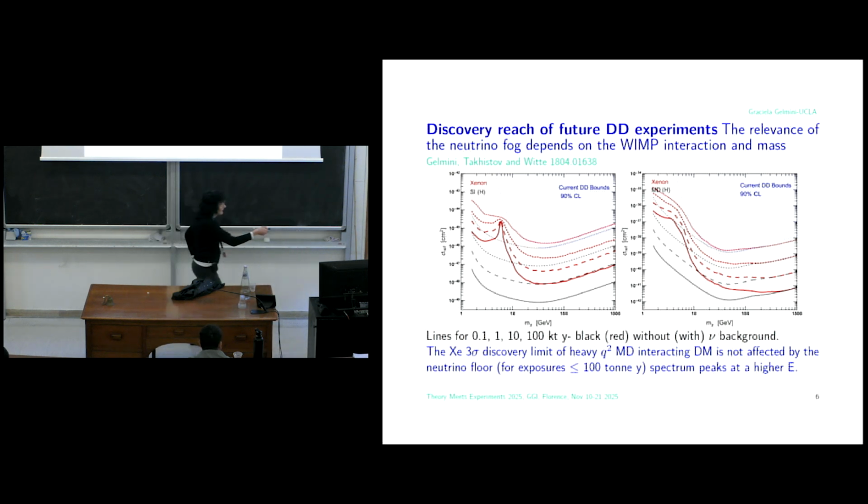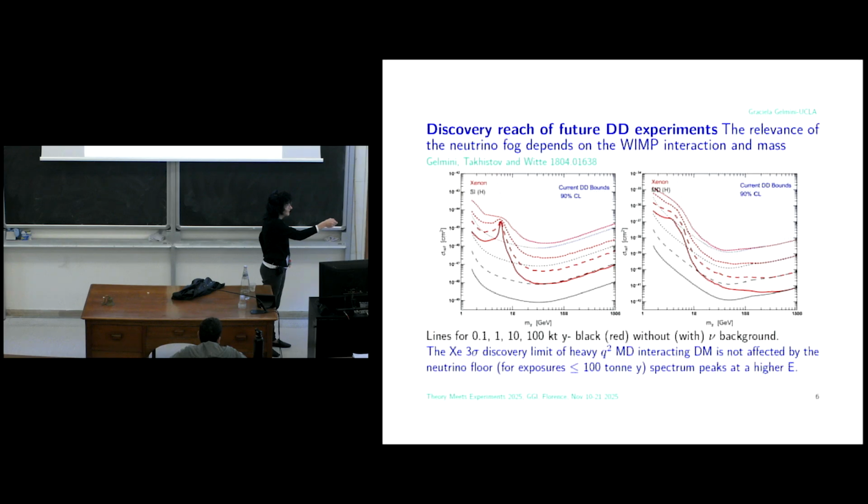Now you can see very well that if you are sitting here, and this is for a spin-independent heavy mediator, you can increase your exposure by 4 orders of magnitude and you will practically not move from there. But if you are anywhere else, you will gain, but you pay a price.